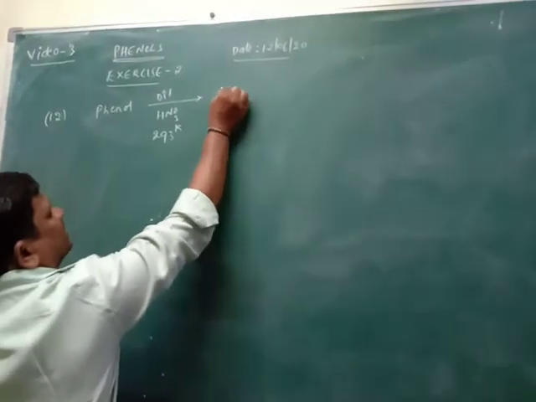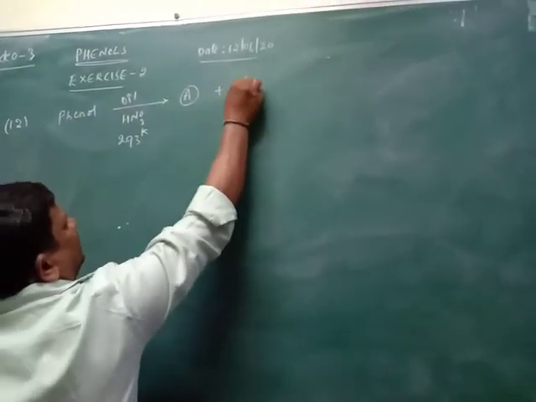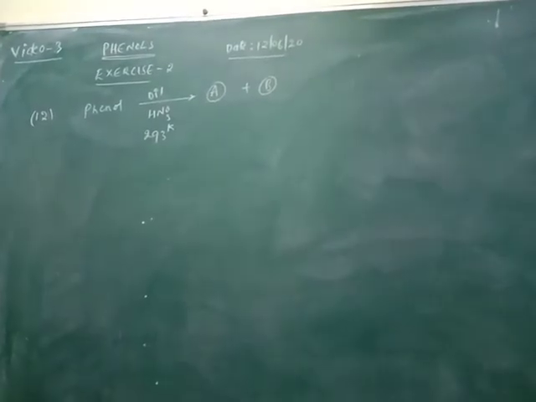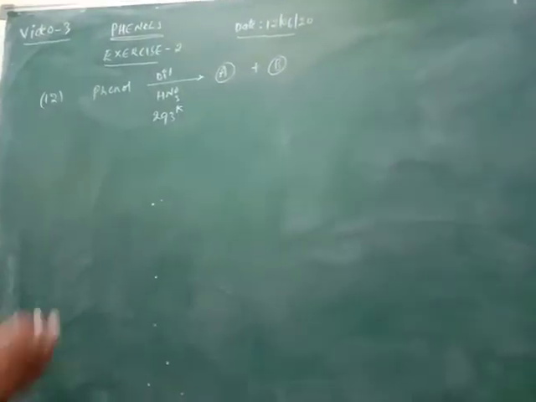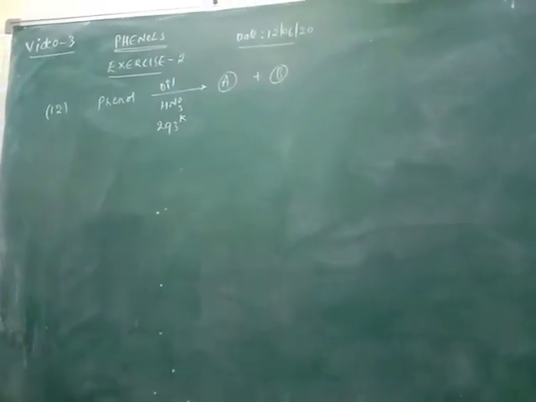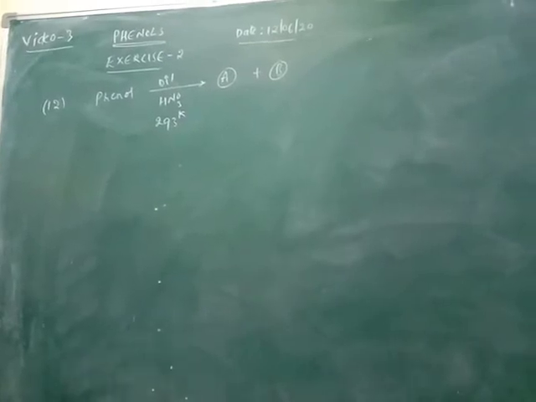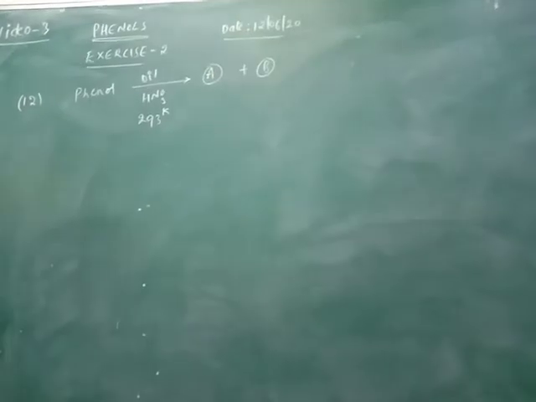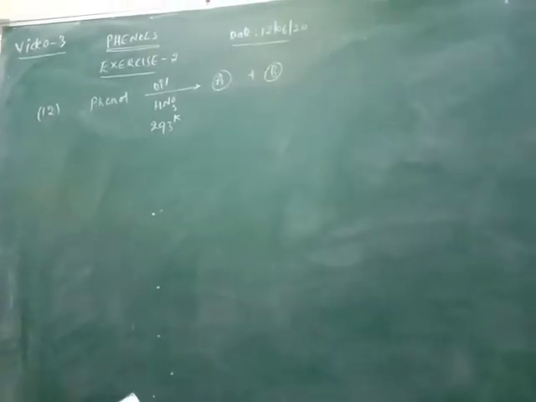It gives compound A and compound B. Generally nitrophenols are obtained: one is orthonitrophenol, the second one is paranitrophenol. Which is the major component?